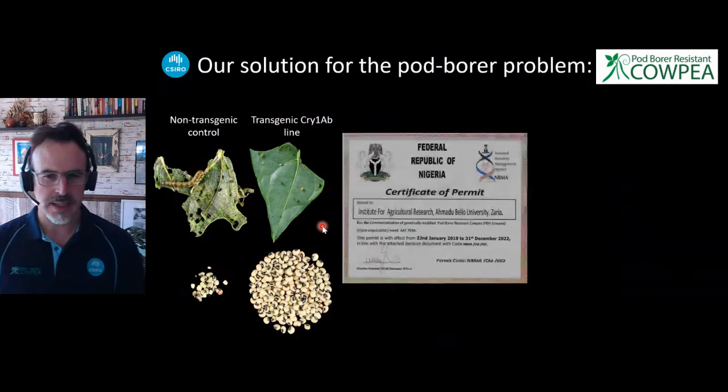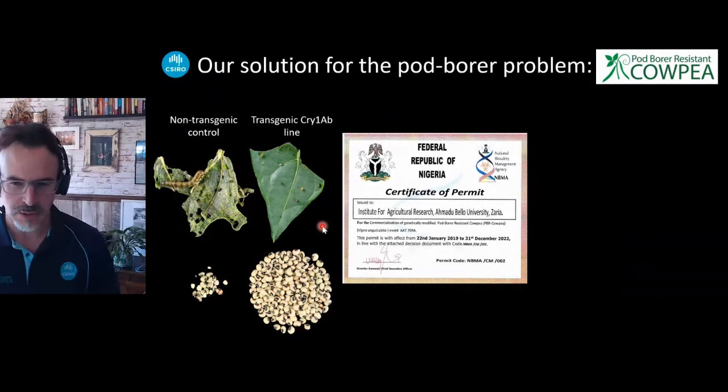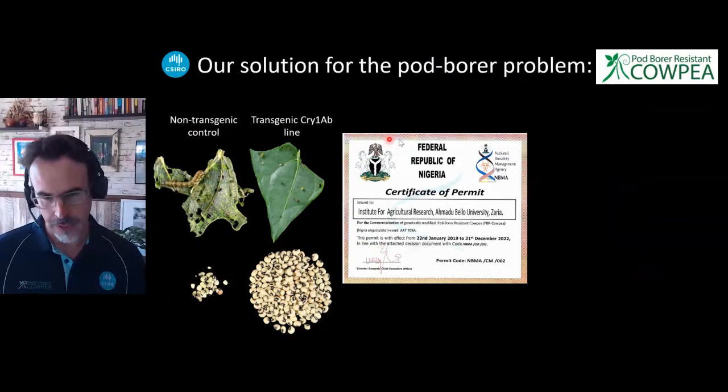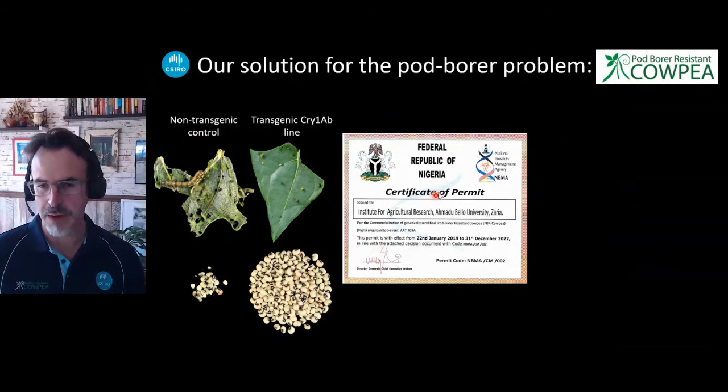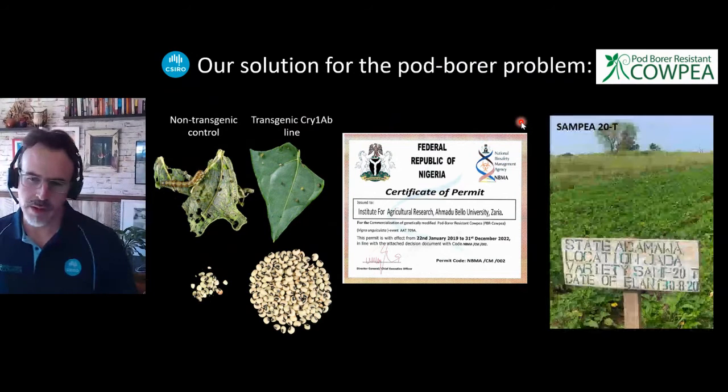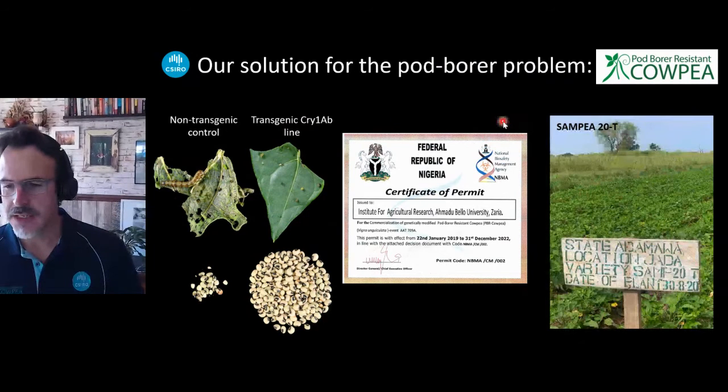We are proud to say that we have developed this product in the lab and taken it all the way to the farms in Africa. I show you here the certificate of permit to use this transgenic variety in Nigeria. The project is going very well, and this year there is some bulking happening in the farms in Nigeria.